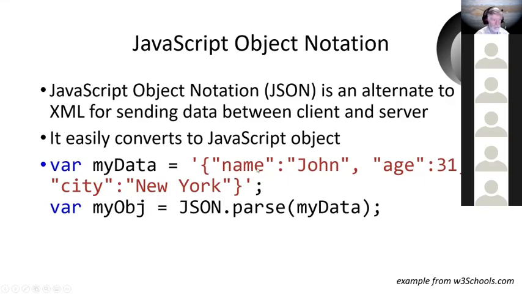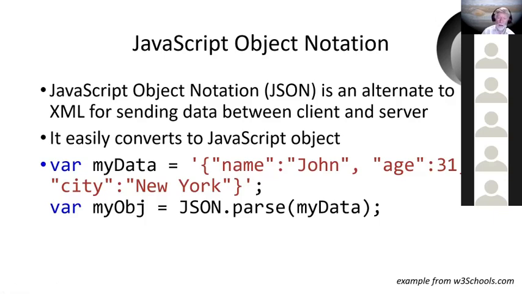And of course, being JavaScript, you can make this more complicated. Instead of having strings or numbers, you can have other objects and embed arrays inside arrays and make it a mess. But that's all supported. Here, myData is a string that contains a JSON-like string. Then you can parse that with the JSON package, JSON.parse, and it creates a JSON object, and you can ship that object off to your server.